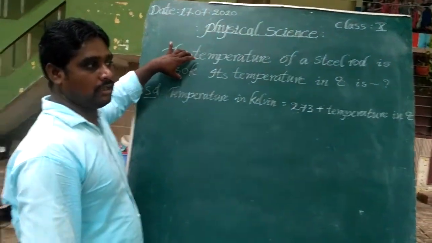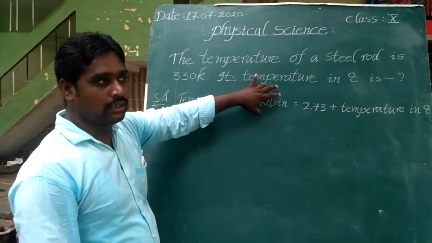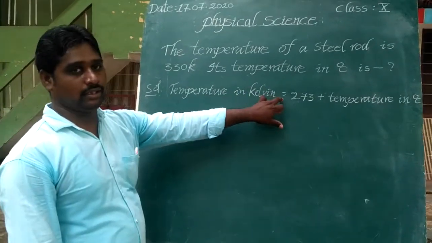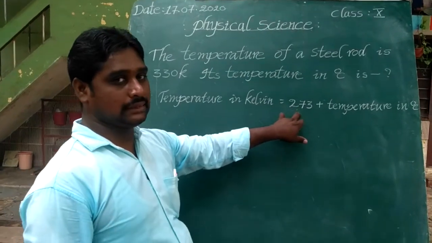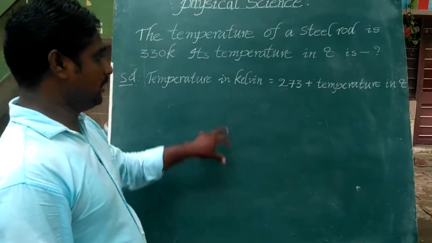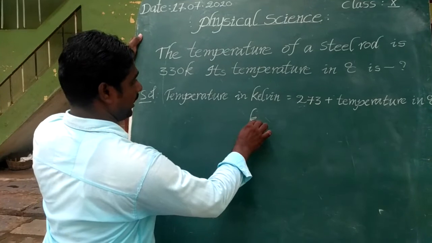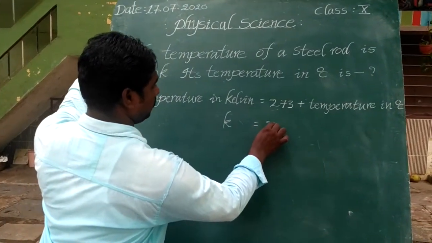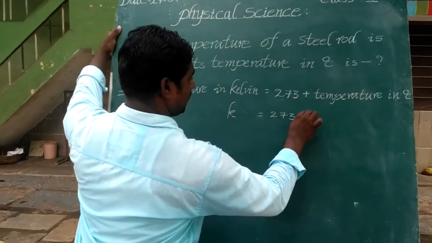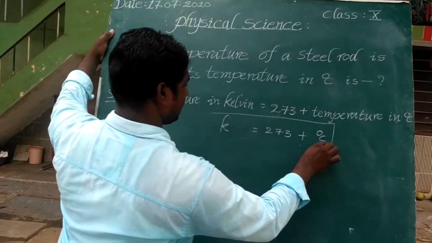The Kelvin scale is converted into the degrees Celsius scale. Use the formula: temperature in Kelvin is equal to 273 plus temperature in degrees Celsius. The shorthand notation for Kelvin is K. K is equal to 273 plus temperature in degrees Celsius.